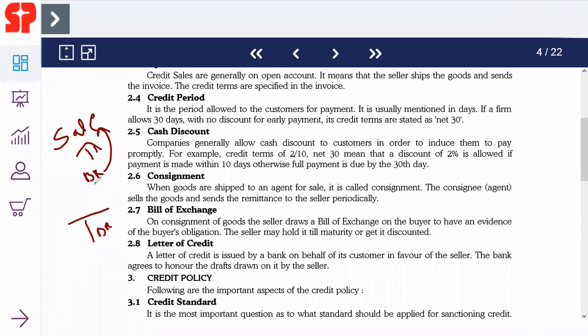Bills receivable is a form of receivable, but it has various advantages: you can discount the bills in a bank and get the money earlier. These are the advantages of accepting bills of exchange.